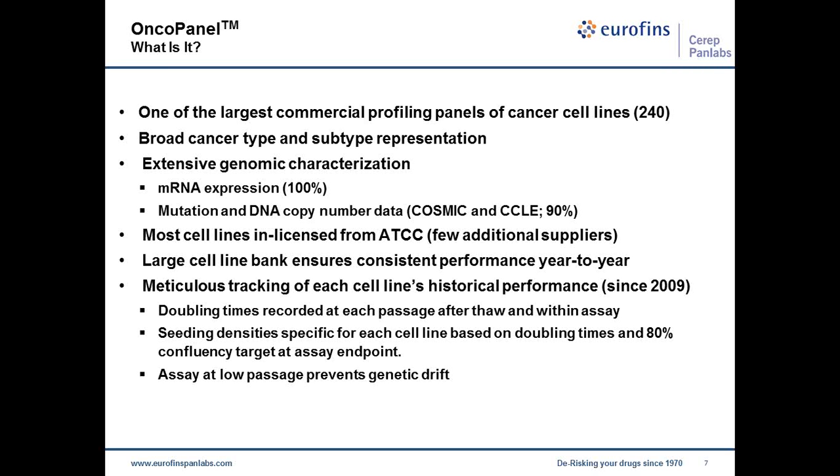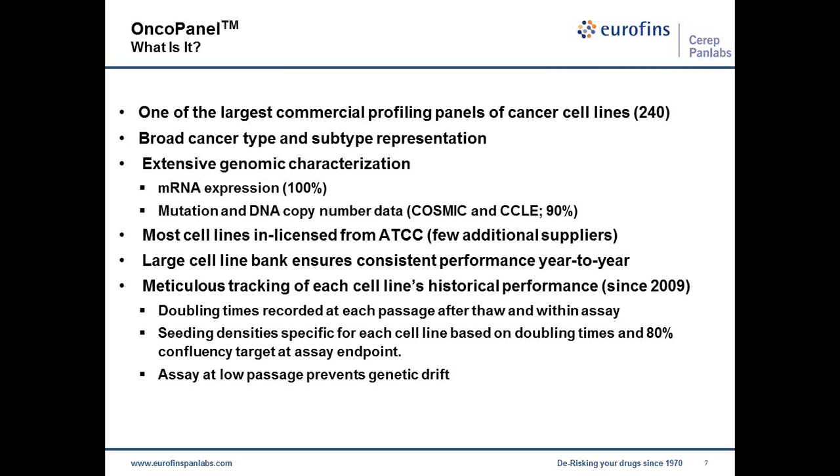The seeding densities are specific for each cell line, and they're based on both the doubling time of that cell line and the goal of reaching 80% confluency at the end of the assay. This is independent of the assay period, whether it's a 24-hour assay or a 10-day assay. We still have 80% confluency as our target.